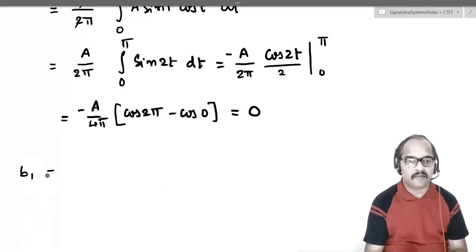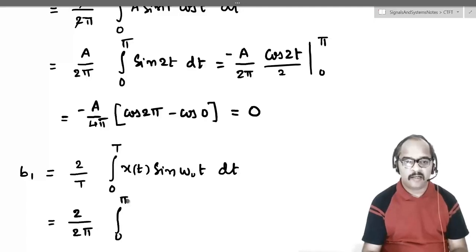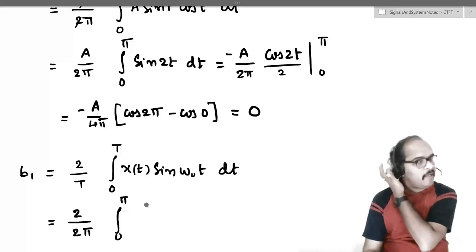Similarly, let us try to find out b1. b1 is again 2 by T. We will write the generic result: integral 0 to T x of t sin k omega naught t dt. Here k is 1, so we'll get sin omega naught t dt. So this should be equal to, for the given problem, 2 by 2 pi integral 0 to pi, as usual. Why? The signal exists only from 0 to pi.